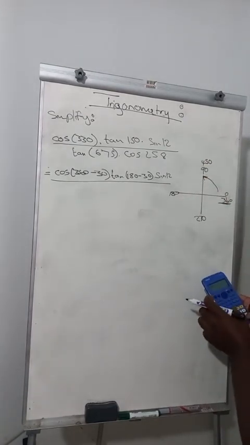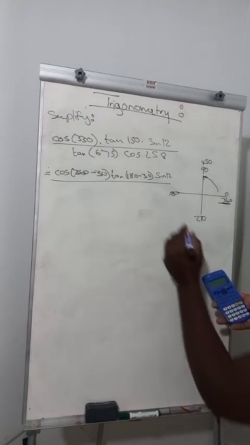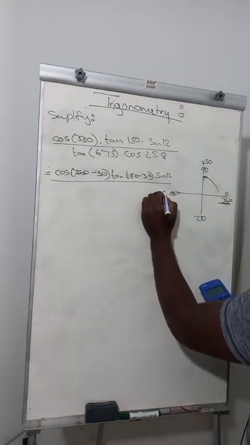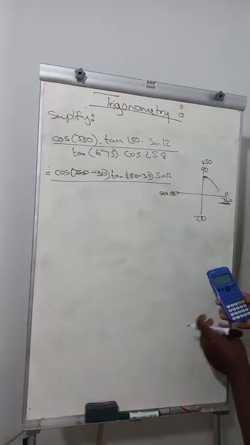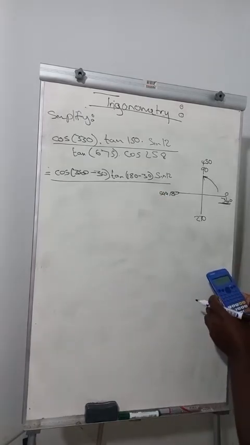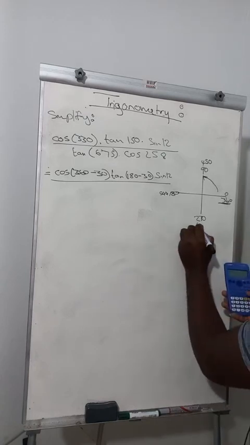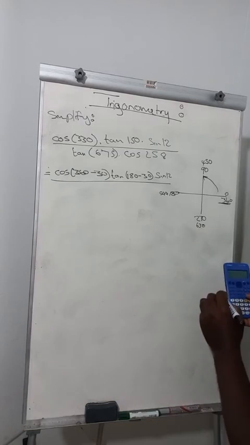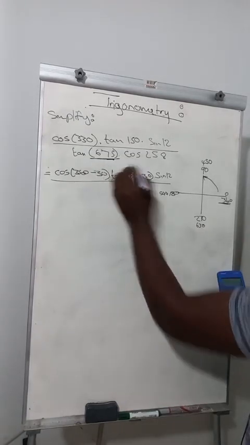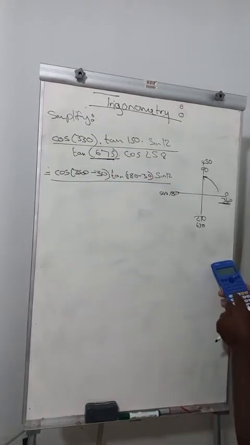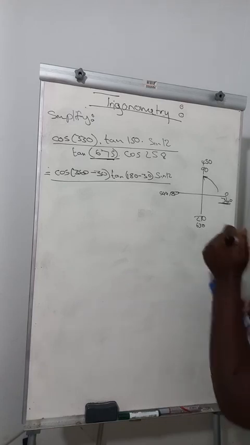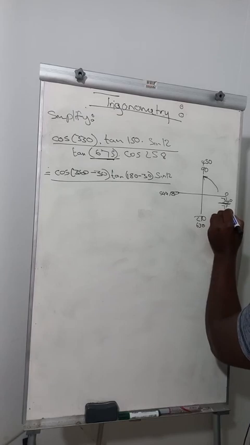Then plus another 90 gives 540, and 540 plus 90 gives 630. Here we have 675. Another 90 gives you 720 here.